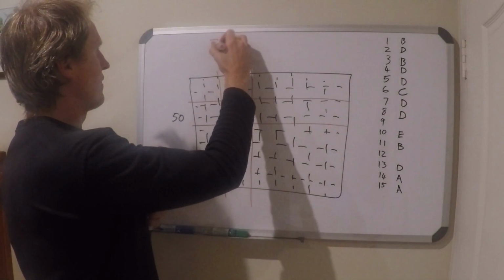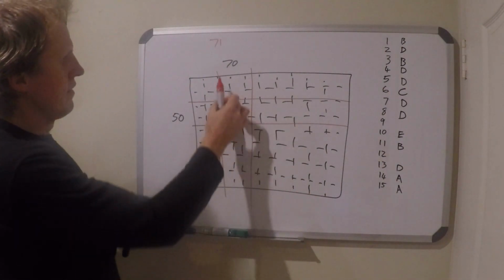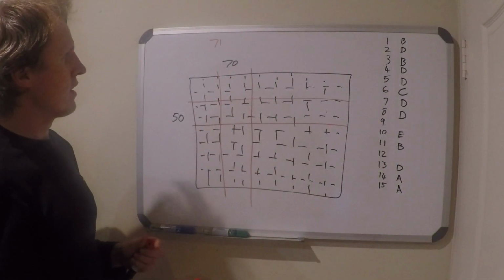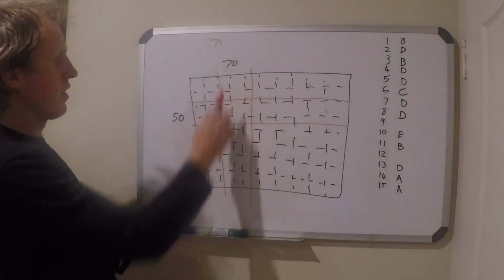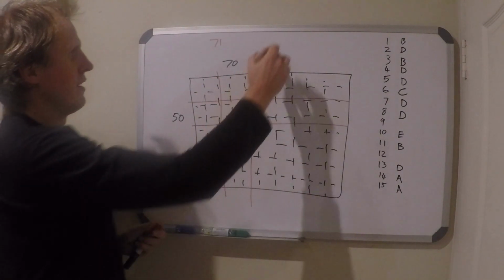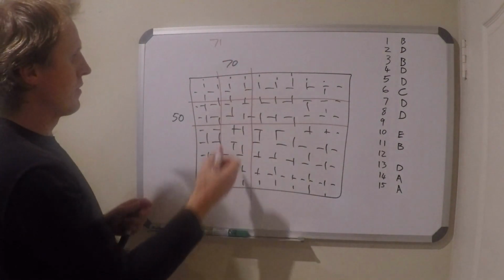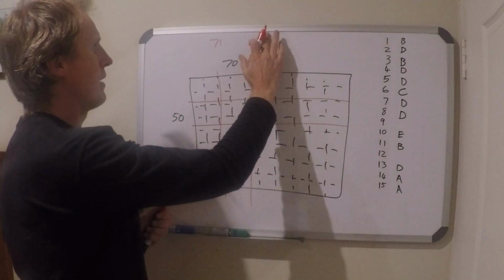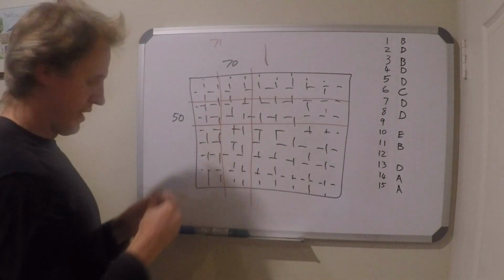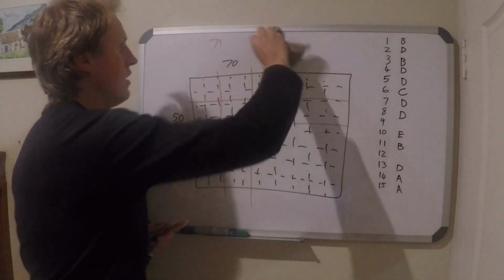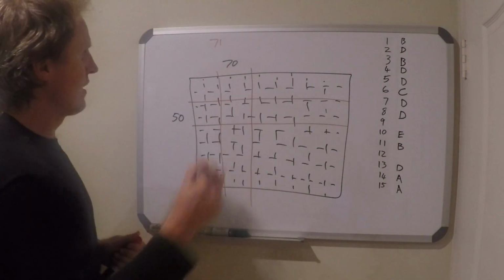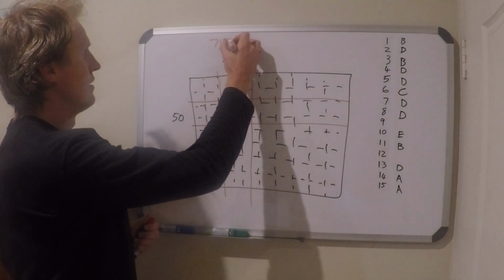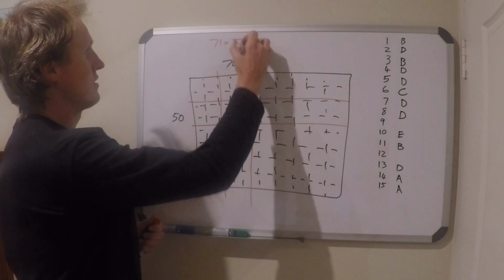So 71. The second vertical line, obviously you can't put the same line twice. You're not defining a rectangle if you've got both lines in the same place. So in this case, the second line has got 70 options available.